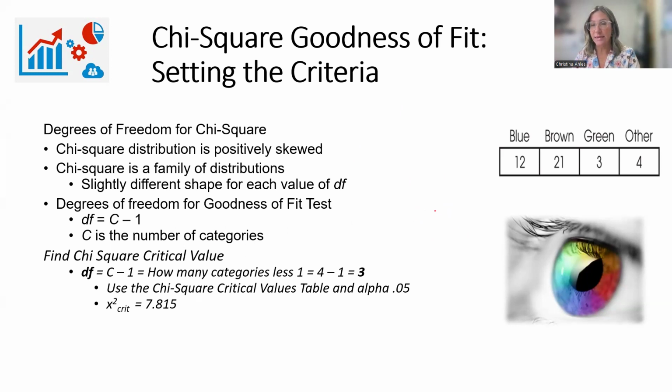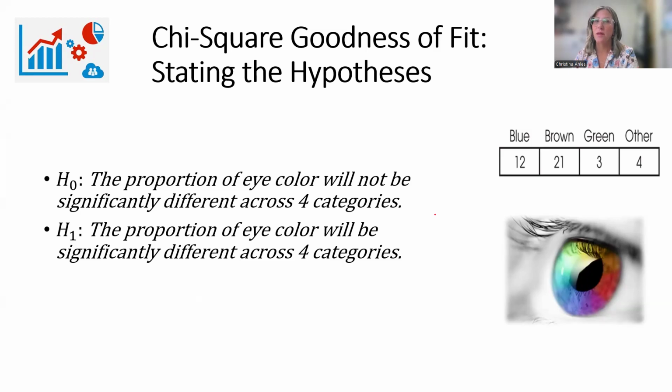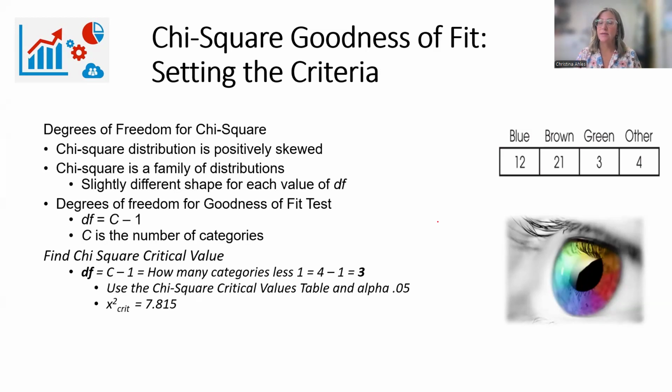So we stated the hypotheses. Okay, now we need to set our criteria. Again, you have a whole new table. It's at the back of your textbook. It's the chi-square table. So it's after your Pearson r, and it's table A.6, and it's called the chi-square critical values table.